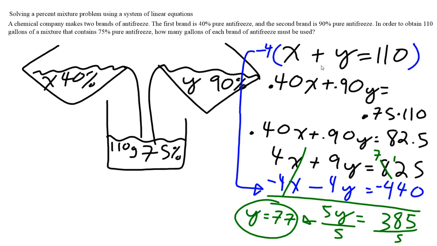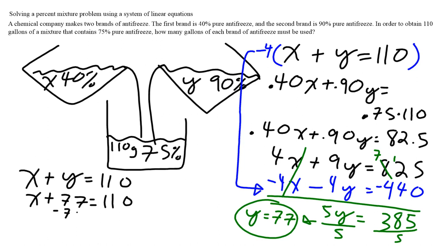So I'm going to have x plus 77 equals 110. And that gives us 33 gallons of the 40% mixture. So there's our answers. X is 33, Y is 77.